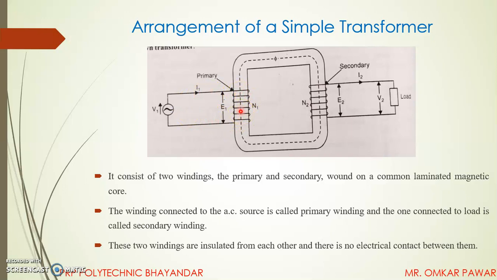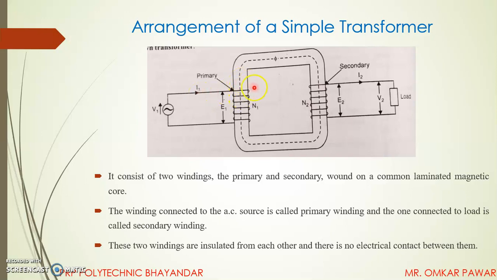As we know, if current flows through a winding, or in any current carrying conductor, it surrounds itself with magnetic flux. So it creates a magnetic flux which is varying, because this single phase voltage is alternating, so it changes its magnitude from time to time.